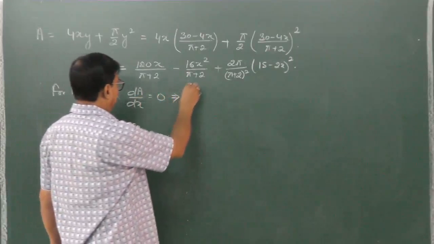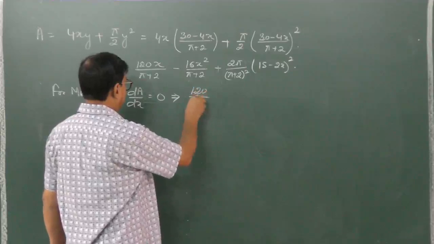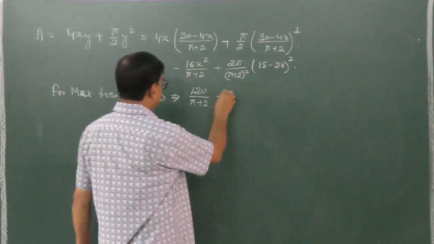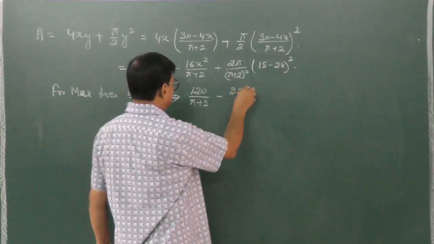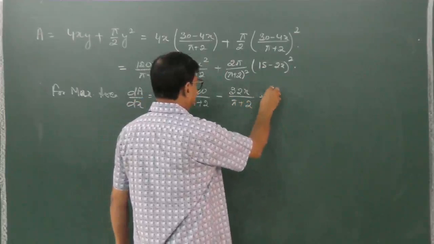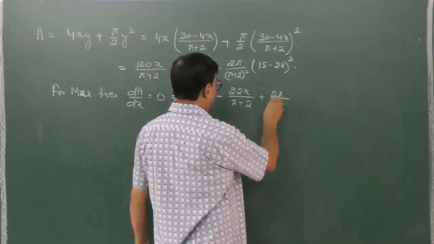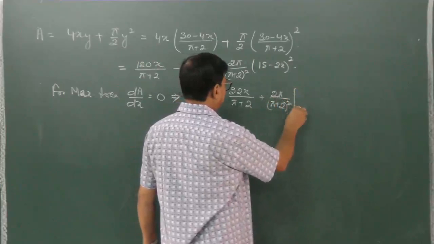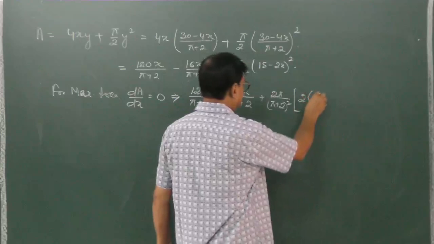So we differentiate. That's 120 by pi plus 2, differentiation of x is 1. This is minus 32x by pi plus 2. This is 2 pi by pi plus 2 whole square, let that be as it is. Differentiation is a function of a function.